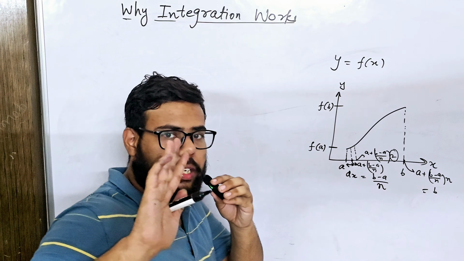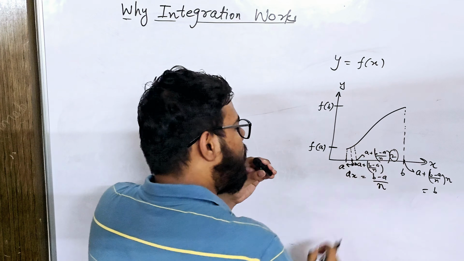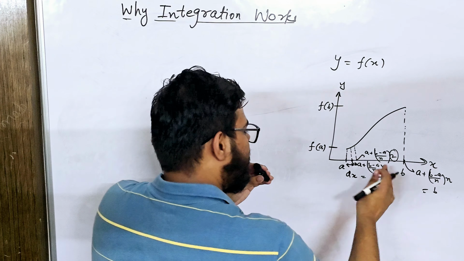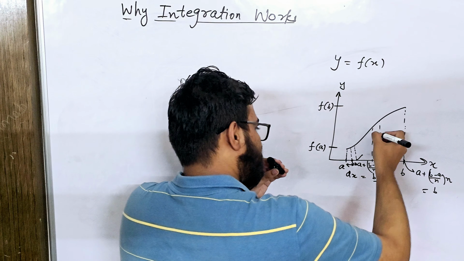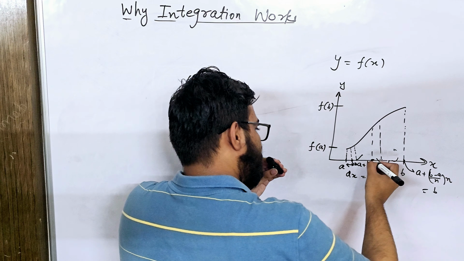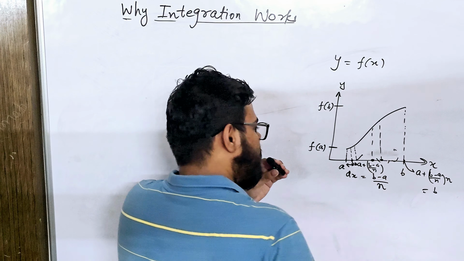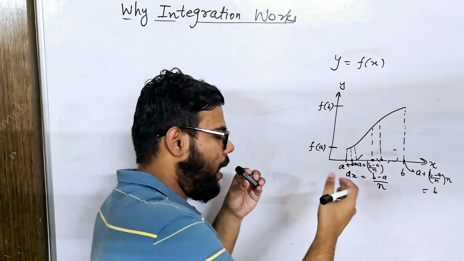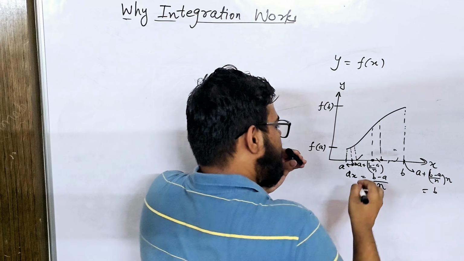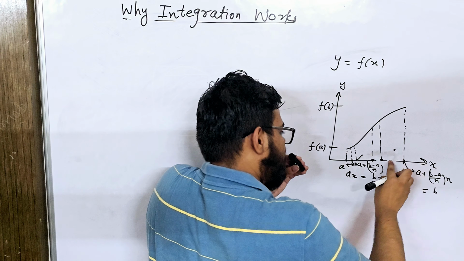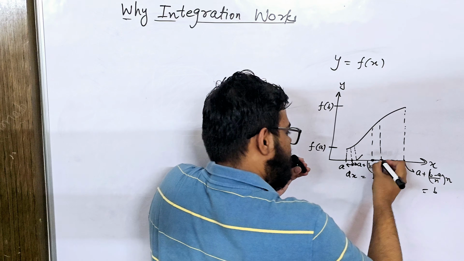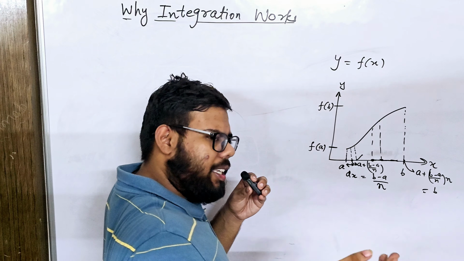If I want to express a general block in this figure, I will draw it like this, correct? So this and this, there are 2 points, 2 abscissas, right? If I want to express it for a general case, we will assume it like this. Suppose I am calculating it for the kth block.